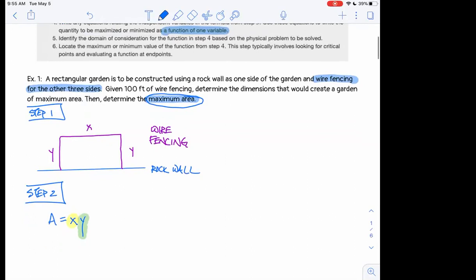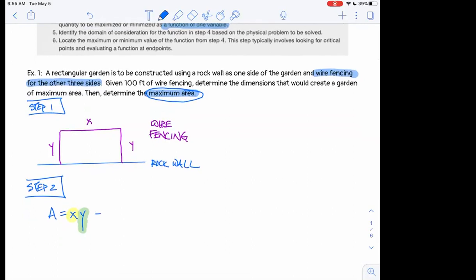All right, so I've written my equation. Now let's write a note to ourselves that we want to find the derivative of the area.